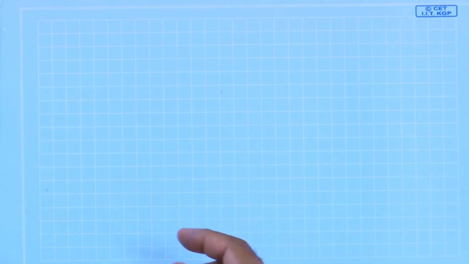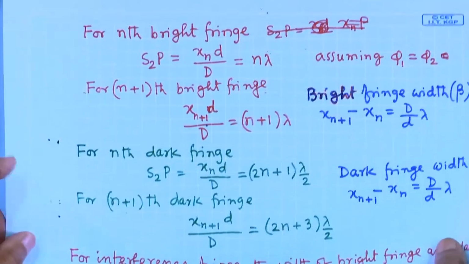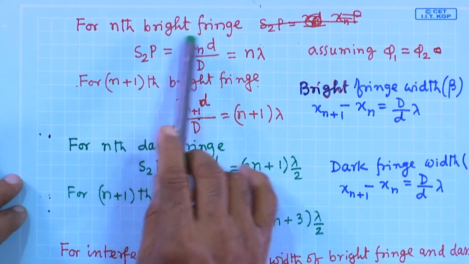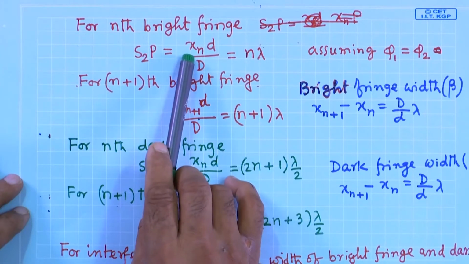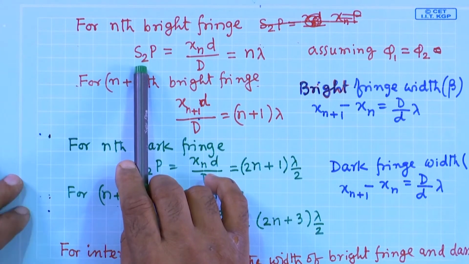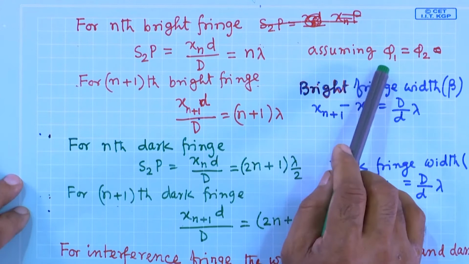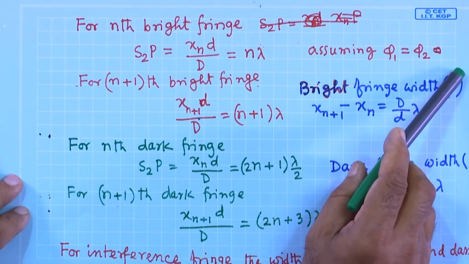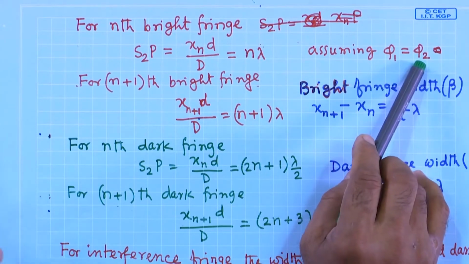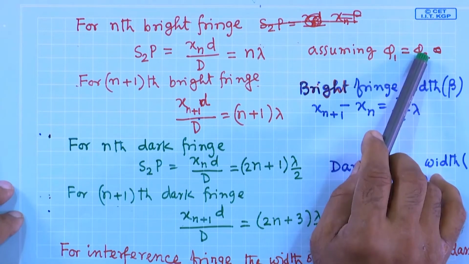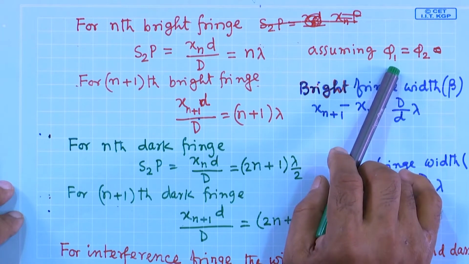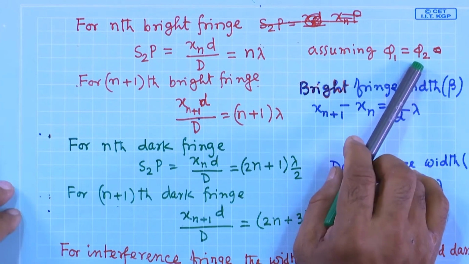At x, if it is the nth fringe, for the nth bright fringe, we write x n d by D as the path difference. We are assuming phi 1 equal to phi 2, or may not be 0, but initially at the source the initial phases are equal. So phi 1 minus phi 2 is then 0.